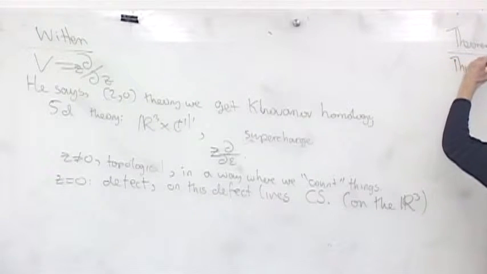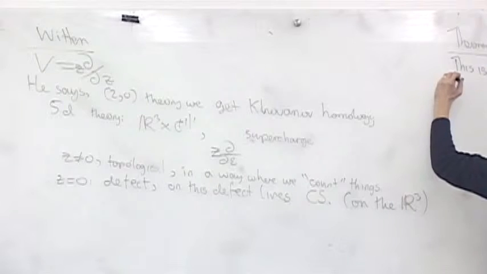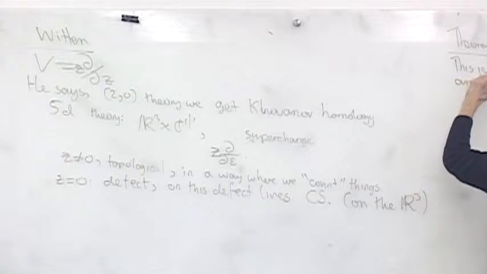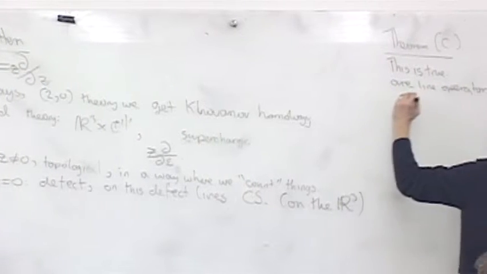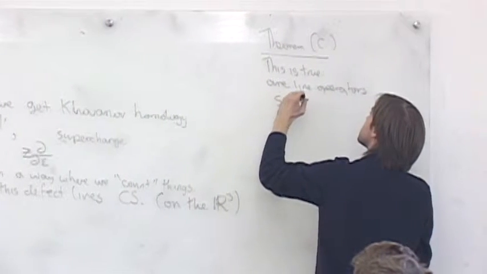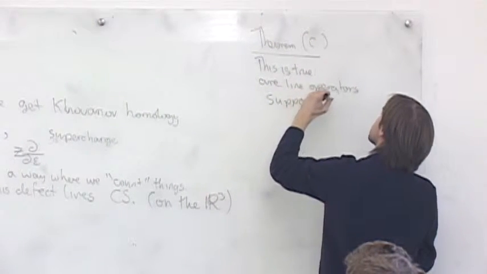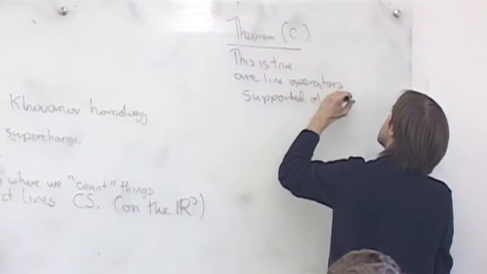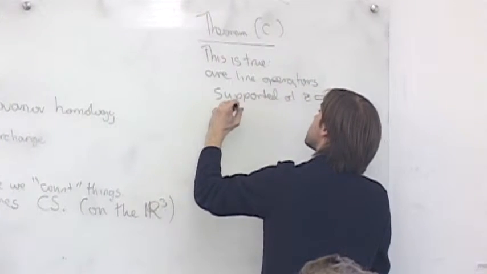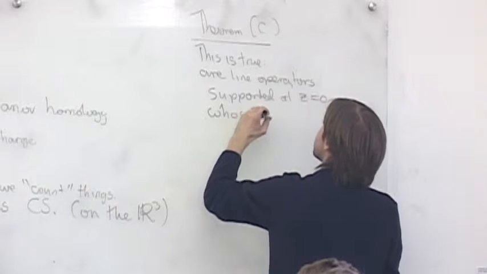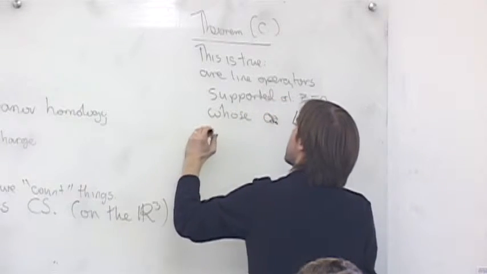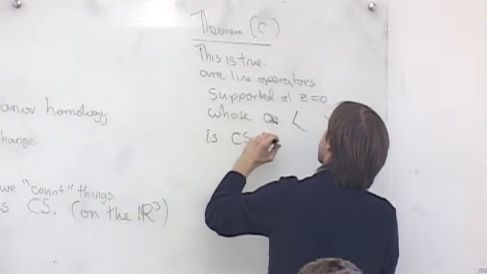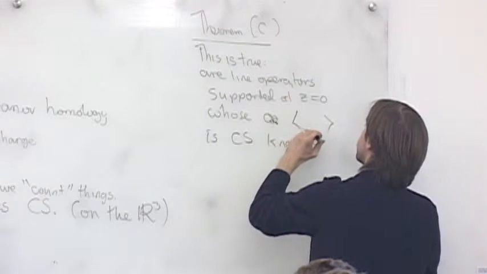This is true in the sense that there are line operators supported at z equals 0 whose correlation function's expectation value is the Chern-Simons knot invariant, or Reshetikhin-Turaev invariant.